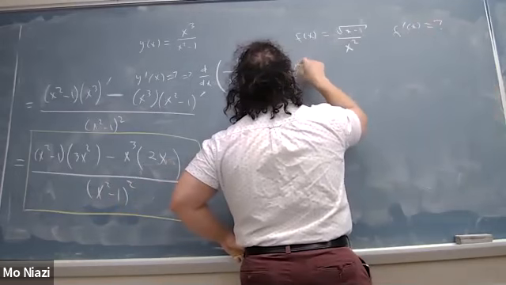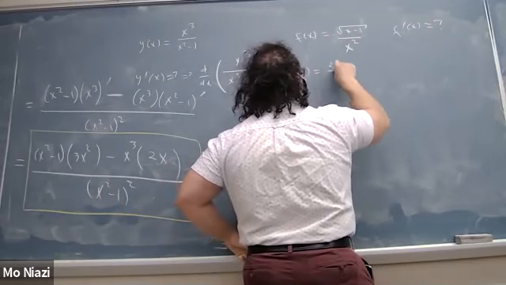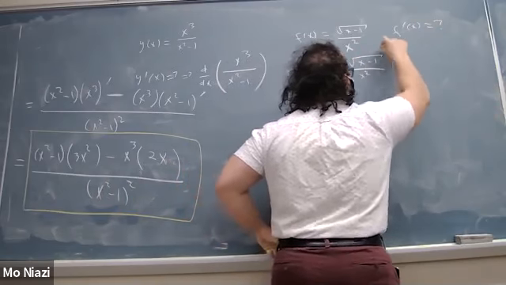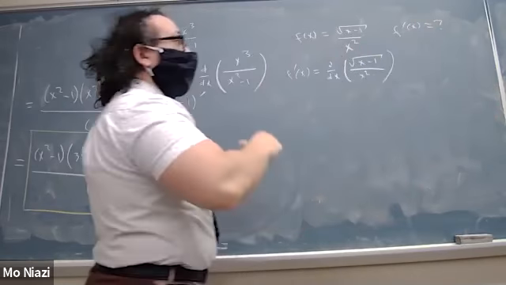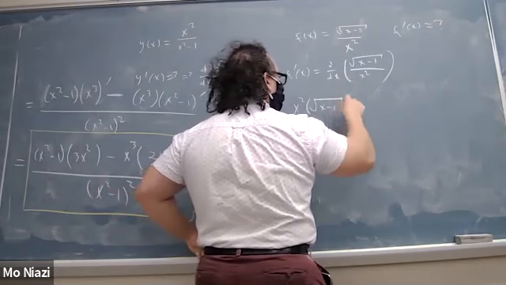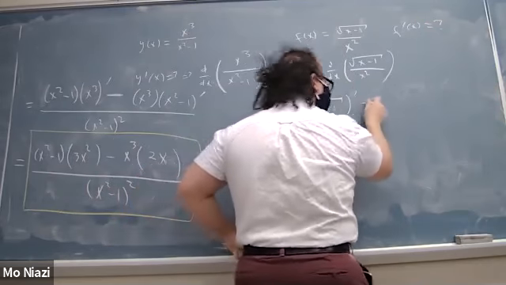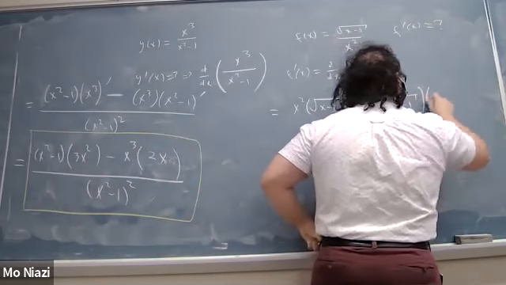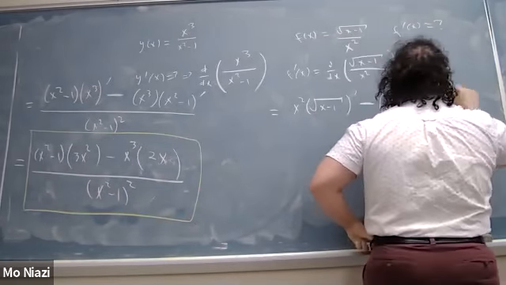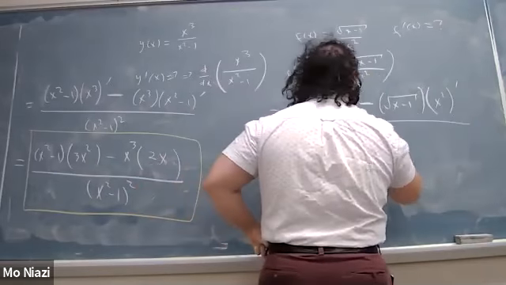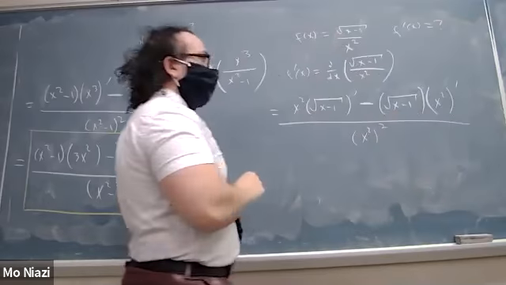Well, f prime of x is equal to d/dx of this guy. But by the quotient rule, that's the bottom times the derivative of the top, minus the top times the derivative of the bottom. Everything divided by the bottom squared.